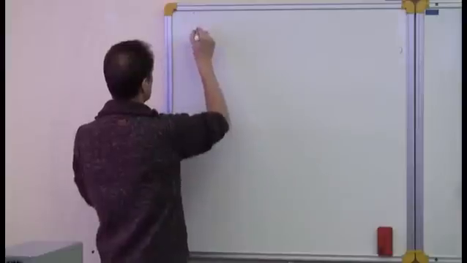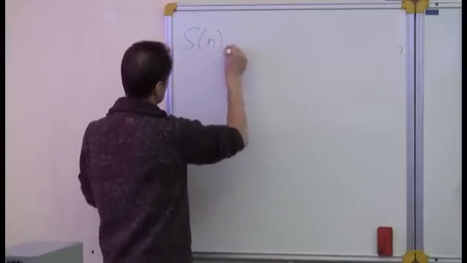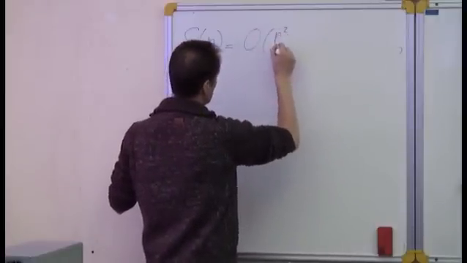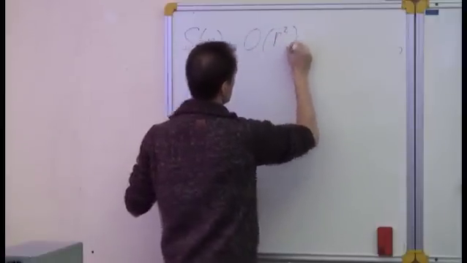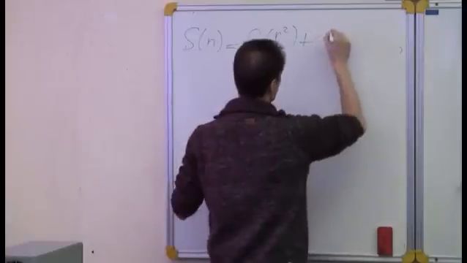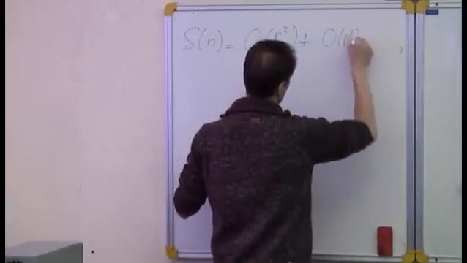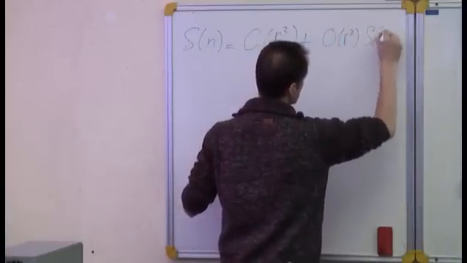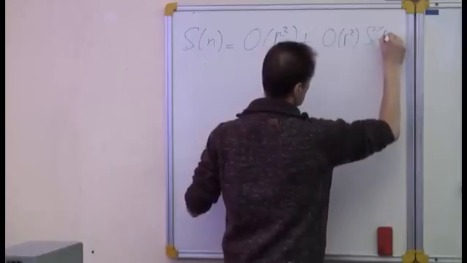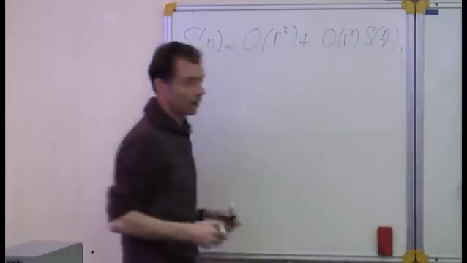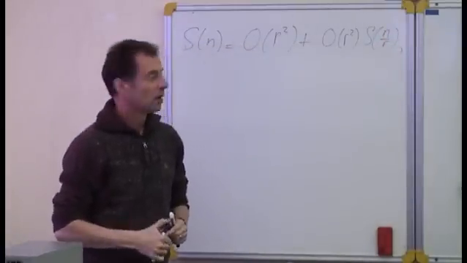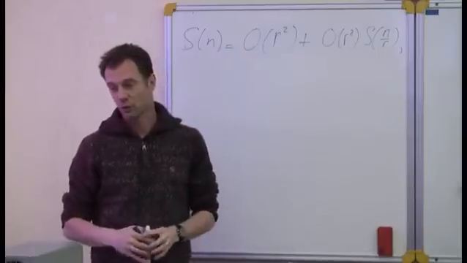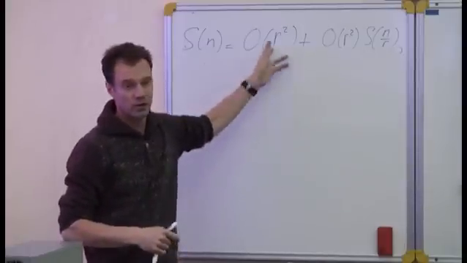Okay, I get storage is O of r squared, plus O of r squared times the storage for n divided by r. And this solves to n to the 2 plus epsilon also when r is n to the power epsilon.